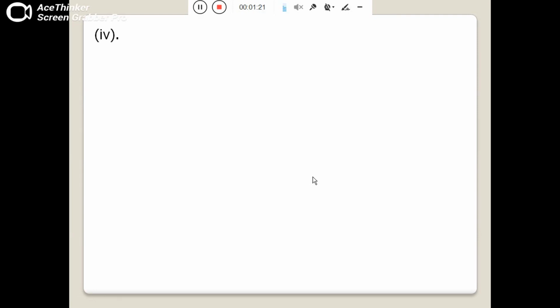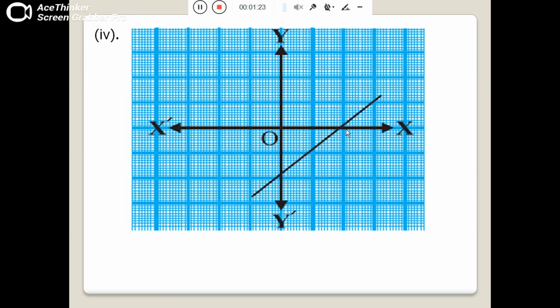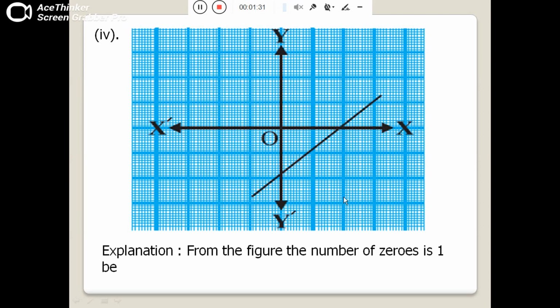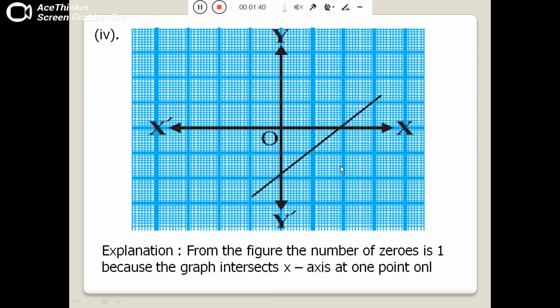Okay, see example number 4. This is a straight line, intersecting the x-axis at only 1 point. Therefore, from the given figure, the number of zeros is 1 because the graph intersects the x-axis at 1 point.